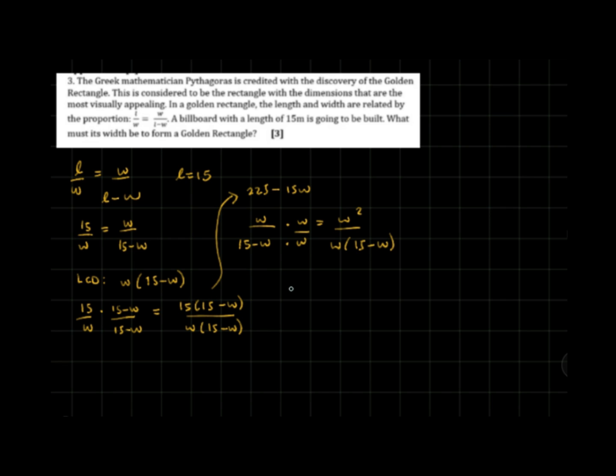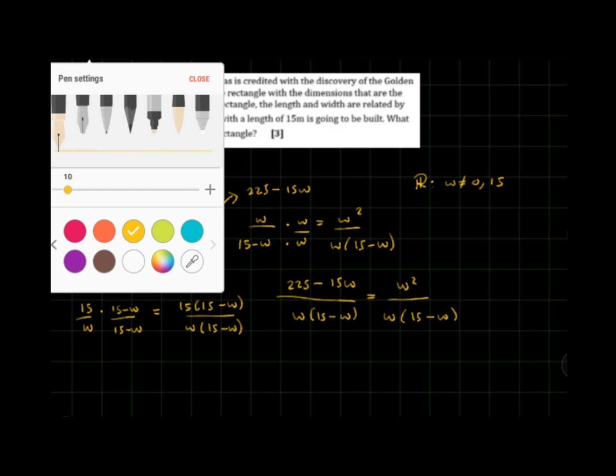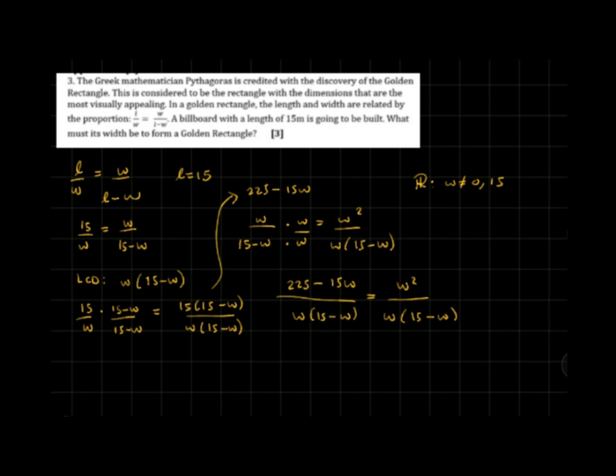So 15 over W we're going to write as 225 minus 15W over W times 15 minus W, is equal to W squared over W times 15 minus W. Once we've written down the equivalent expressions, we can understand the restrictions on the denominator: W cannot equal 0 or 15, because then the function will be undefined. The only thing we have to look at now is the numerator.